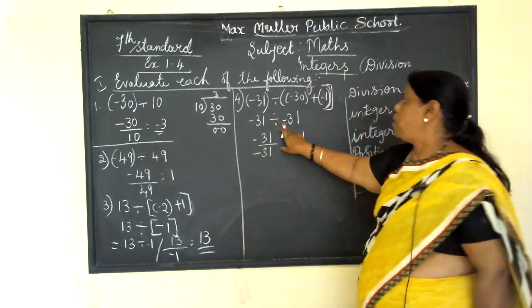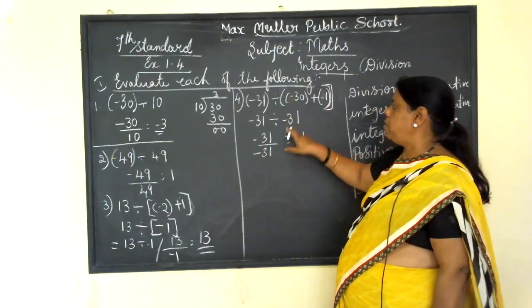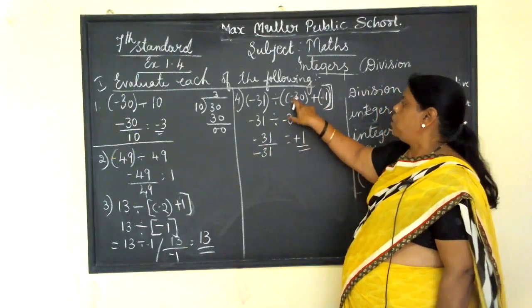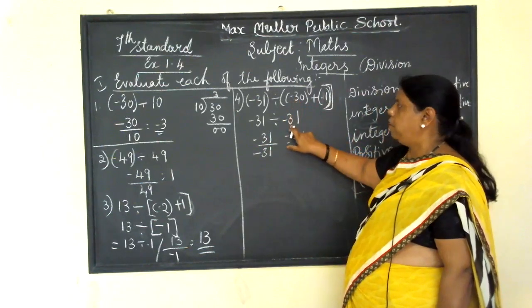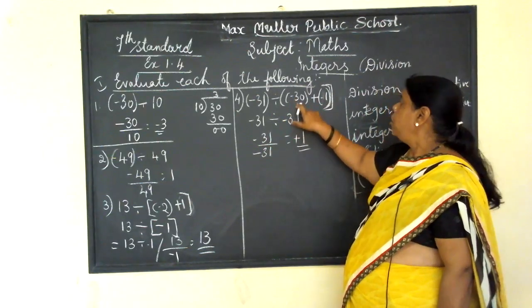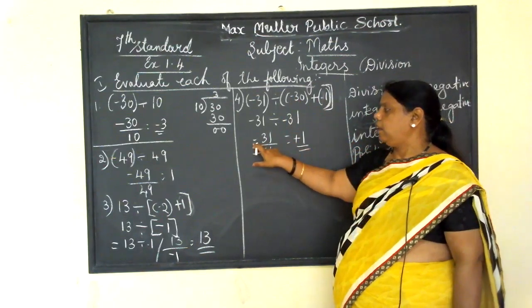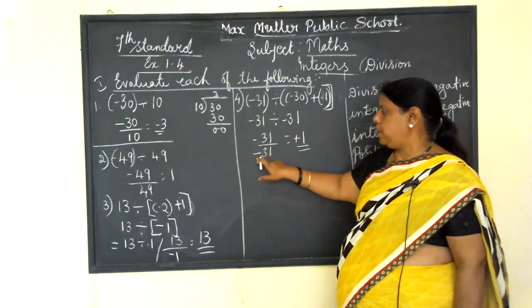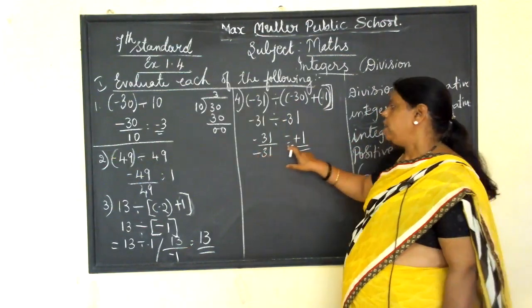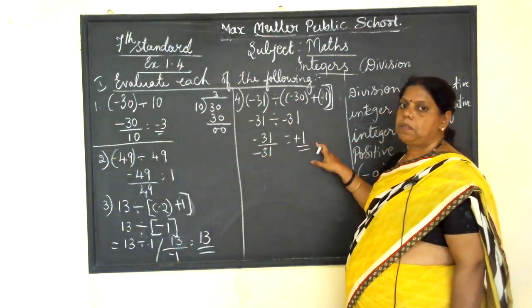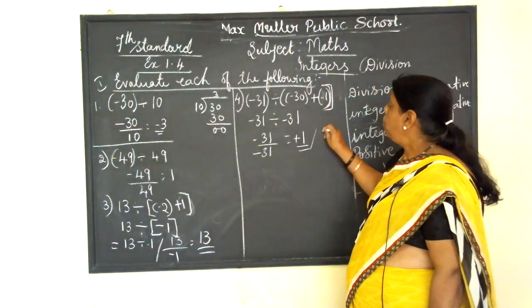If it is positive, see the greater number sign I have to take. So, minus 31 I should take. Minus 31 divided, that will be equal to plus 1. There are 1 only.